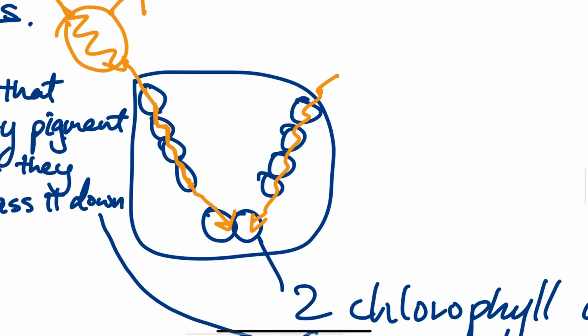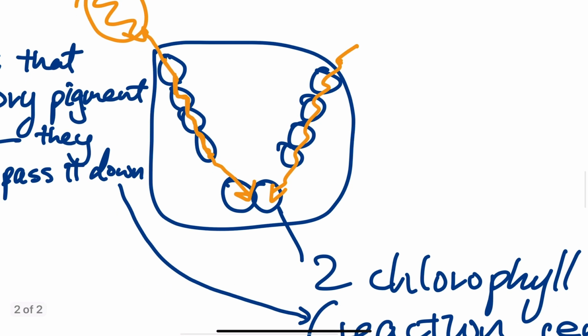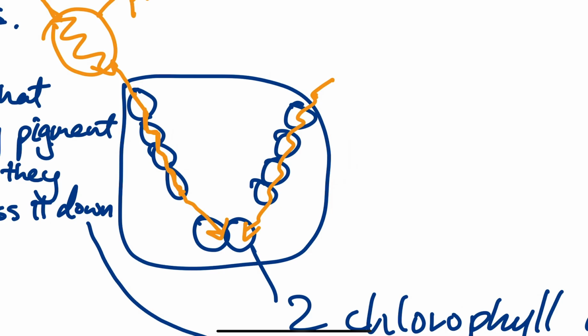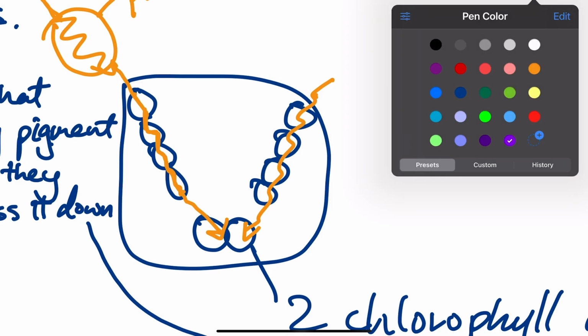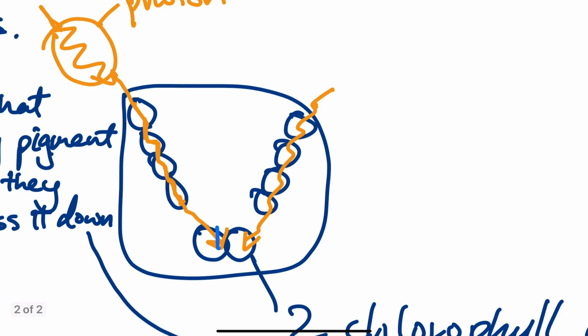So now you can imagine that at the reaction center, the two chlorophyll A molecules have a lot of energy. The electrons inside the pigments actually get excited. Let's say this is the color of the electron. It's gonna leave the reaction center because it gets excited.